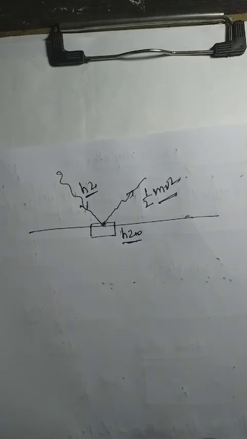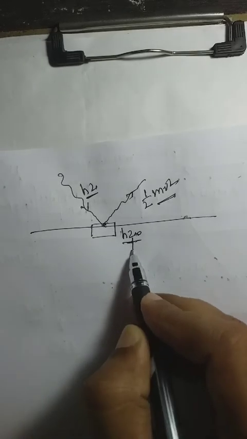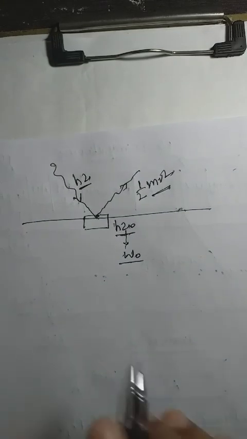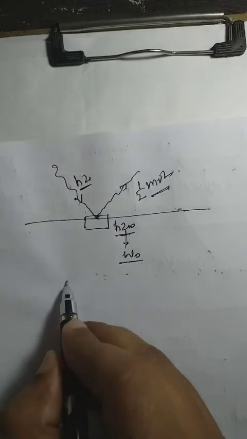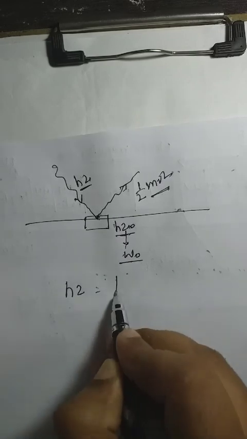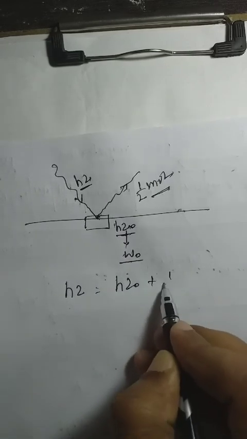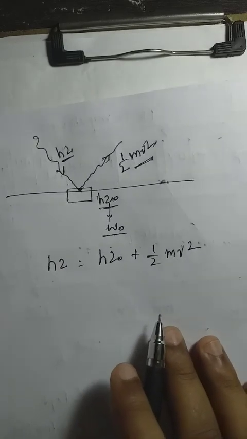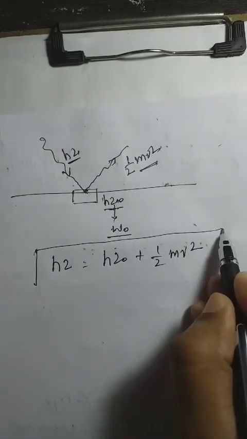It is the minimum amount of energy which is responsible for ejection of the electron. This is also known as work function. Memorize it. And we get the relation: h nu is equal to h nu naught plus half mv square. We find so many questions in NCERT on this relation.